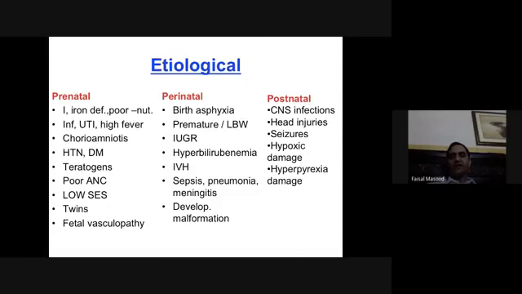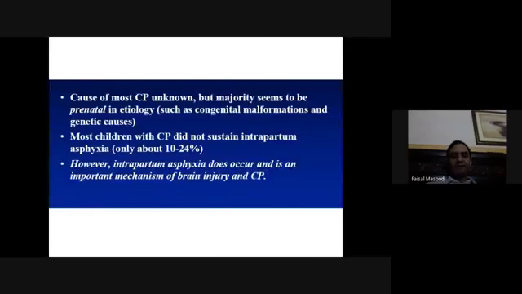Perinatal, which is around the time of birth: asphyxia, the most common cause, prematurity, intrauterine growth retardation, hyperbilirubinemia, then intraventricular hemorrhage, sepsis, pneumonia, developmental malformation. Postnatal: CNS infections, head injuries, seizures, hypoxic damage, hyperpyrexia, and other damage. The cause of most CP is unknown.